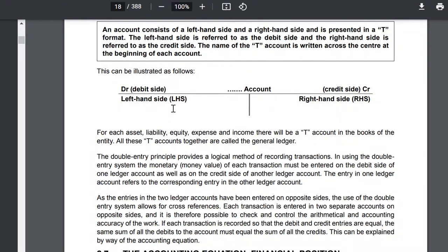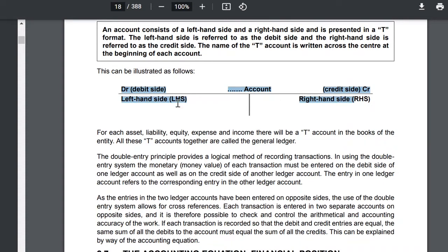Matilda bought stationery for cash and she did an EFT. So there is a sale. What is a sale? A sale is an income. And number two, there's bank, money coming into the bank account of Walton's. It's an asset. So how do these now affect this double entry principle?